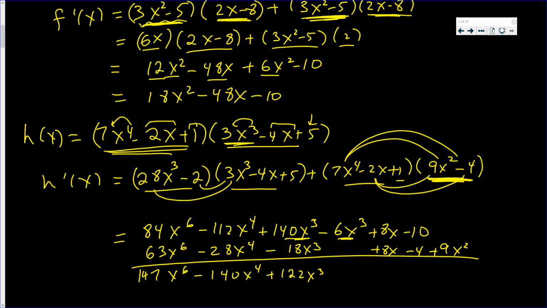Did I mess up? I'm going to check, please. Okay, no, I didn't. So from the 122, I have to take away 6 more x cubes. Sounds like 116 x cubes.